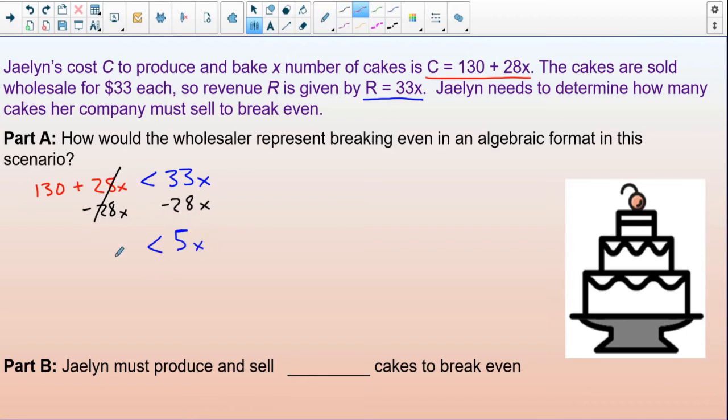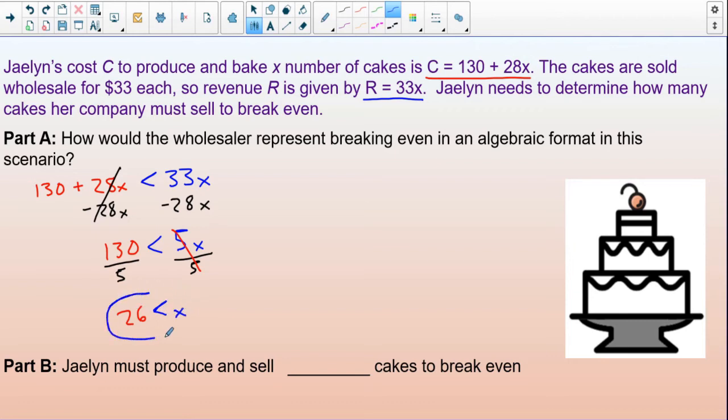I'm also going to bring down the 130, anything that we don't change. From here, the last step, just to get rid of this 5, the 5 is multiplying the x, so I'm just going to divide out that 5 from both sides. All right, so 130 divided by 5, that's going to give us 26. Here, these 5s cancel. Bring down that less than sign, and x must be greater than 26.